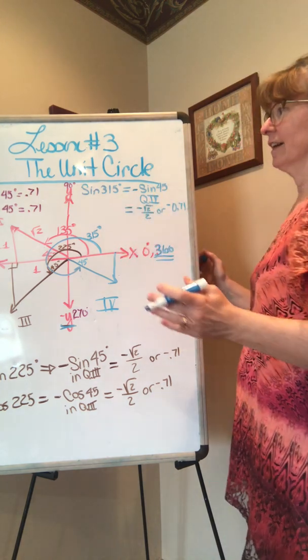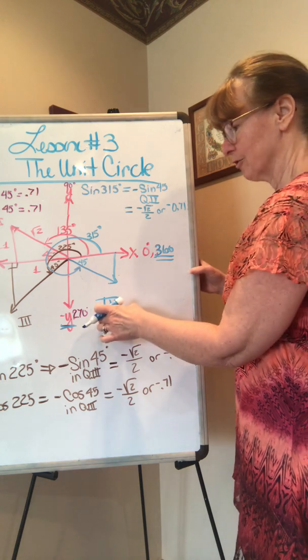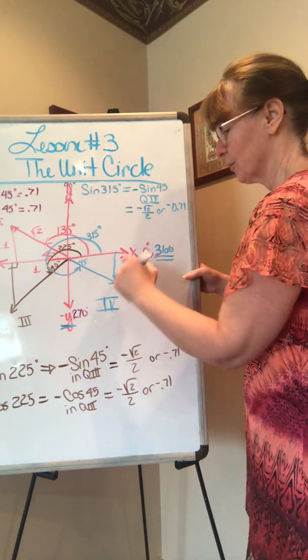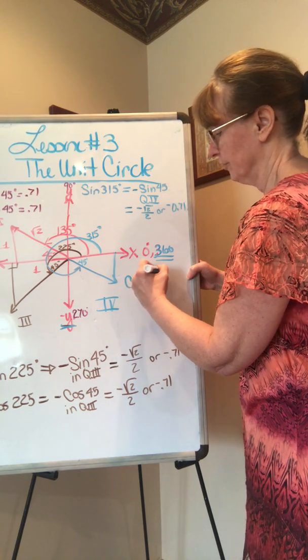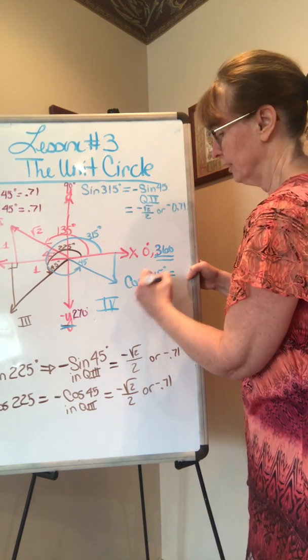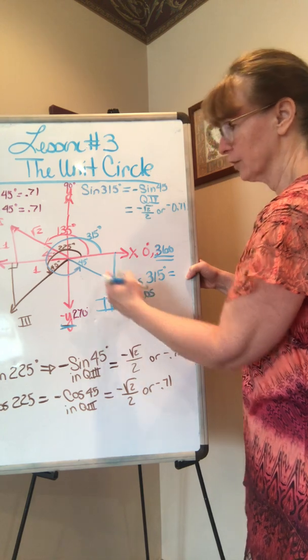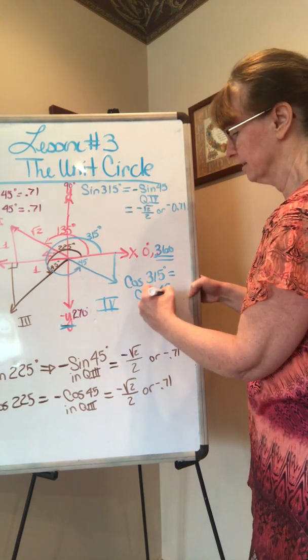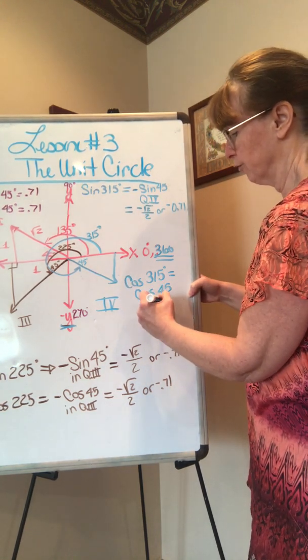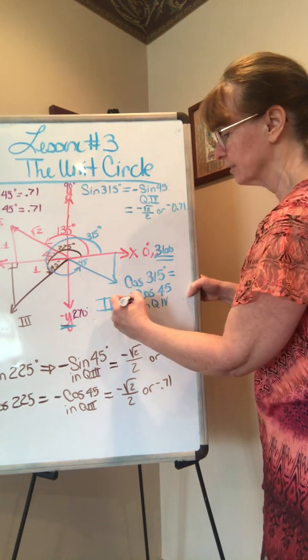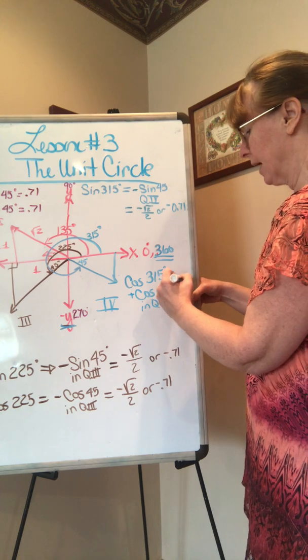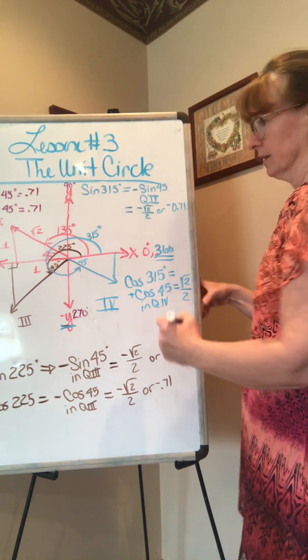But the cosine in quadrant 4 is the x-coordinate. Let's write this: the cosine of 315 degrees is equal to the cosine of the reference, 45 degrees, in quadrant 4. And in quadrant 4, the x-coordinate is positive, so this would be positive rad 2 over 2.